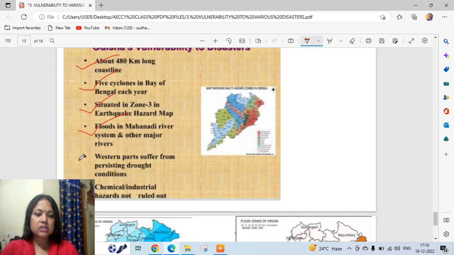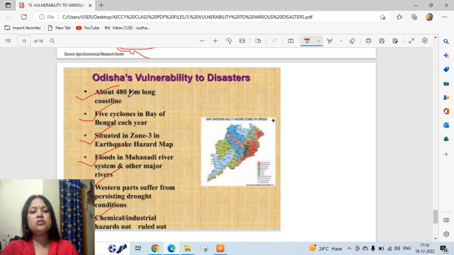The western parts suffer from persisting drought conditions, and chemical and industrial hazards are not ruled out. These are the features of Odisha's vulnerability to disasters. You have to remember them. Multiple choice questions may come.